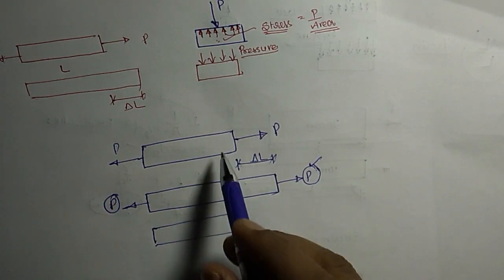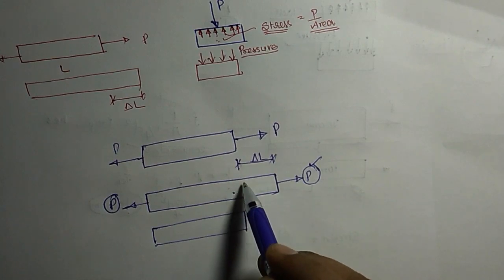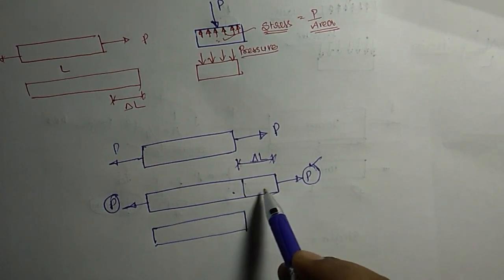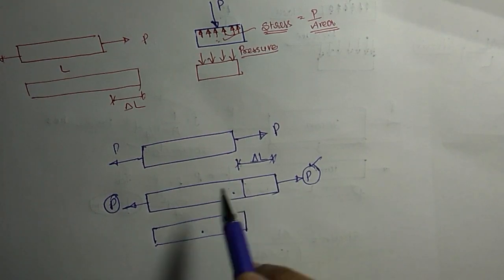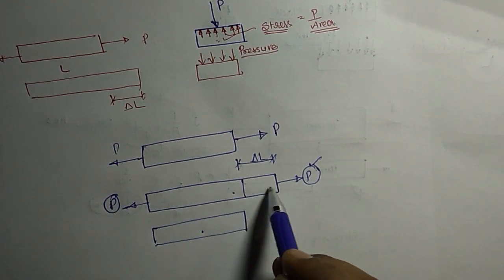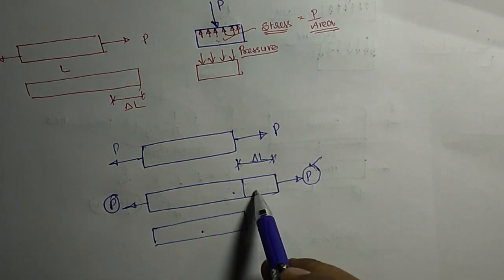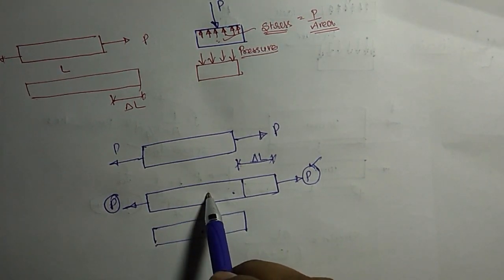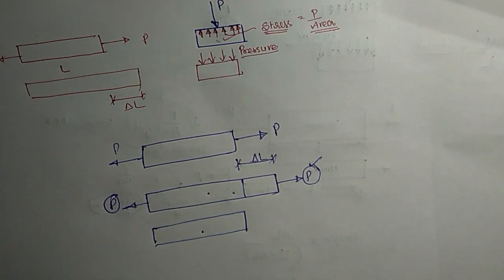It will regain back to the same shape and size. So from this position, it has gone back to this position. So some work has been done in order to convert this length into this length. So there must be some force inside this metal which converts this length into this length.